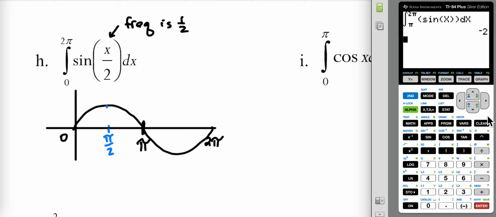That's telling me that I'm only going to get half of a sine wave in a 2 pi period. So this is what half of a sine wave looks like. What this is telling me to do is stretch that over a 2 pi period.